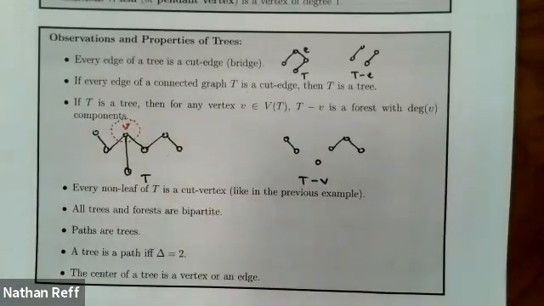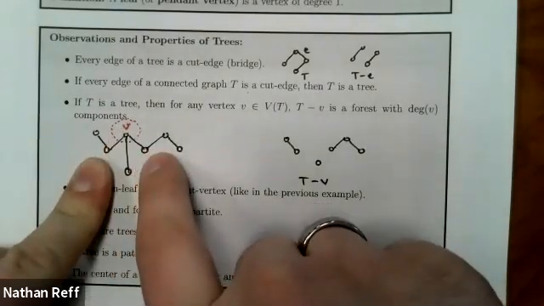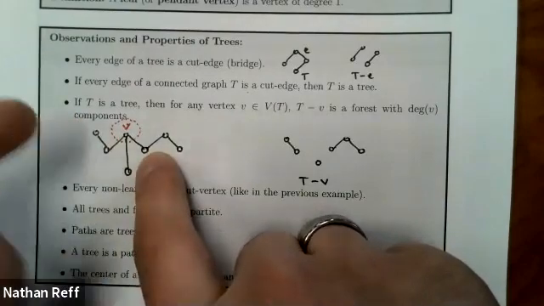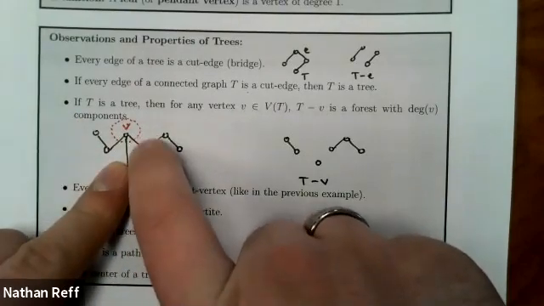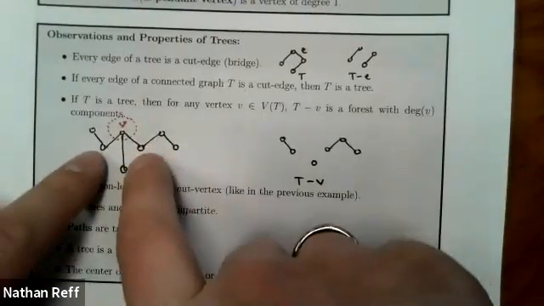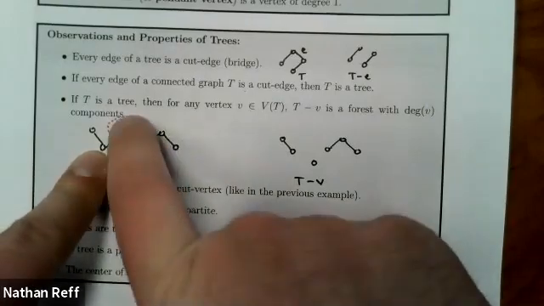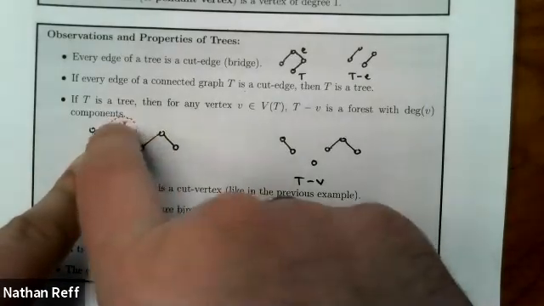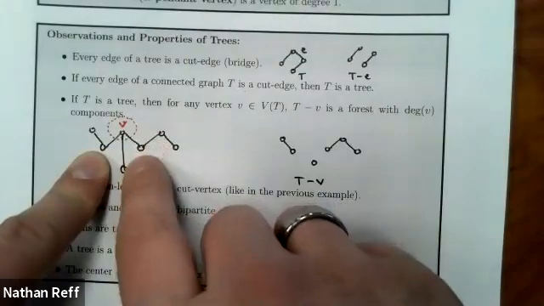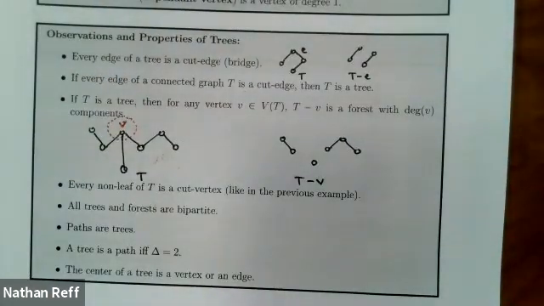Do you remember the original definition was that a vertex is a cut vertex if you can find 2 other vertices in the graph such that every path that goes from one vertex to the other contains that vertex. So it's sort of essential to the connection between those 2. For example, if I took these 2 vertices, do you see every path that connects those 2 contains V? So if I were to remove V, I no longer will have a path connecting these, right? So that's why this is a cut vertex.